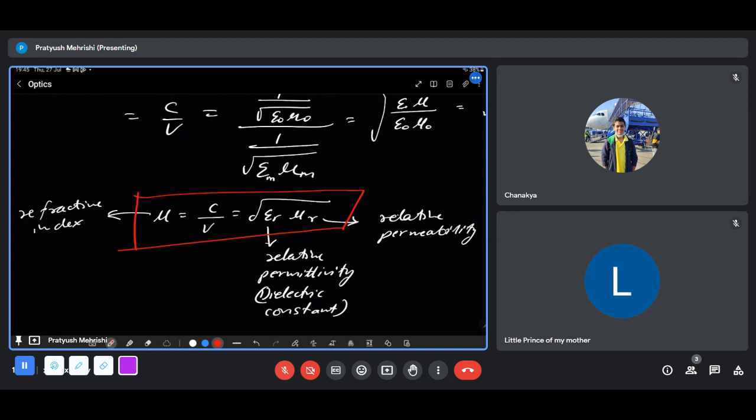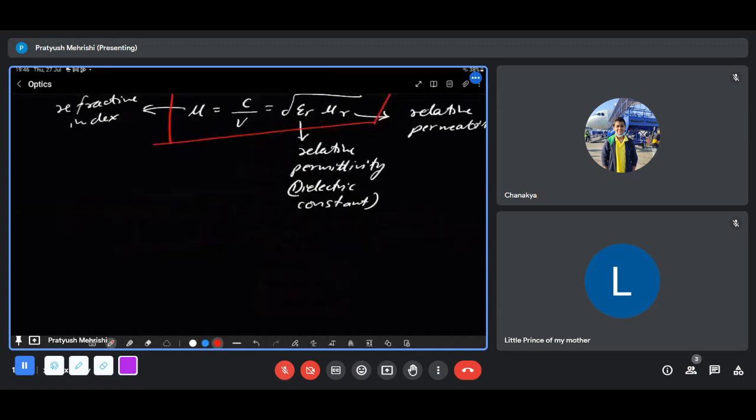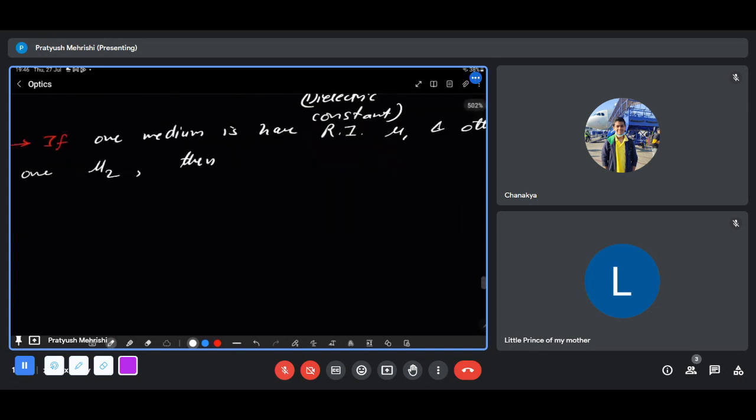Got it now? If we have two mediums, one medium having refractive index mu1 and the other mu2, then the refractive index of first with respect to second will be sine i upon sine r, equal to mu2 upon mu1.